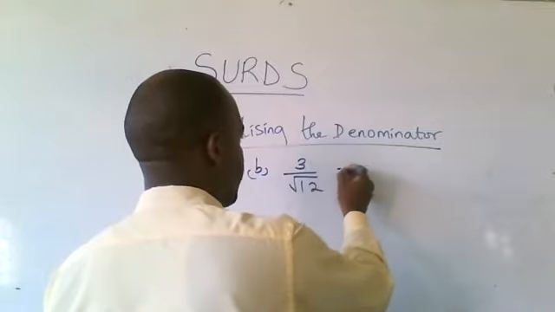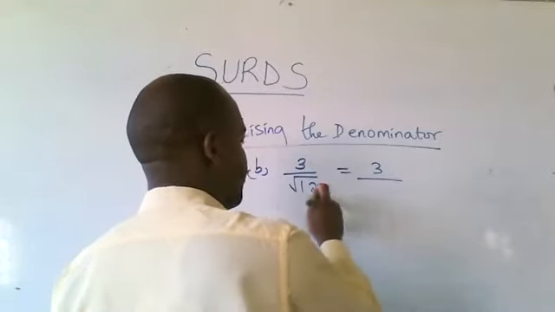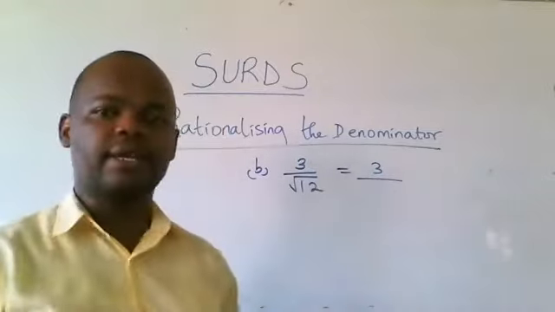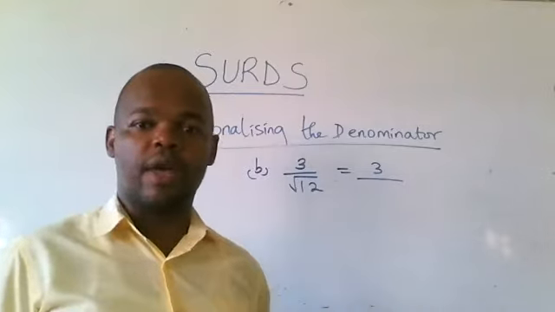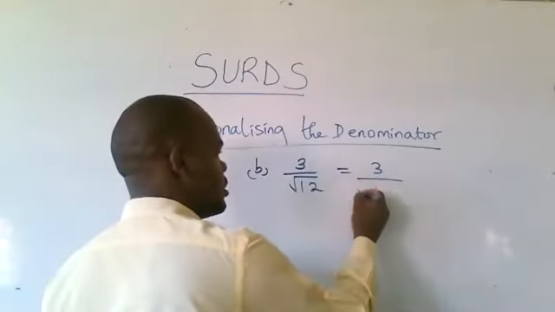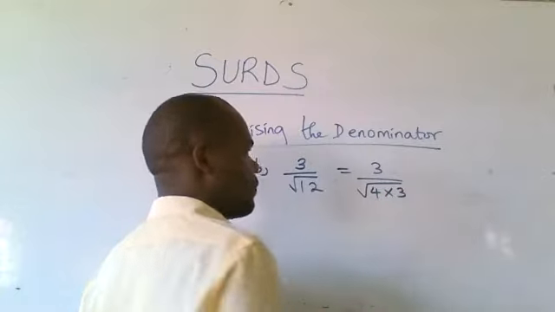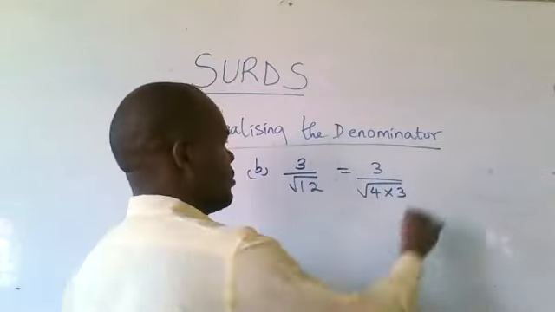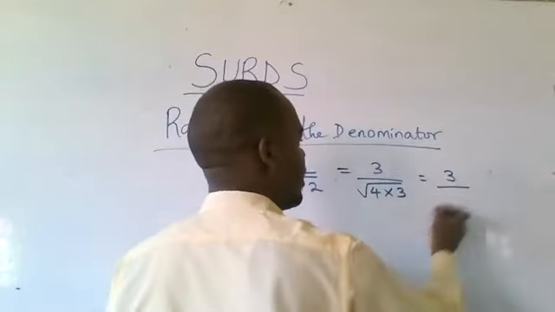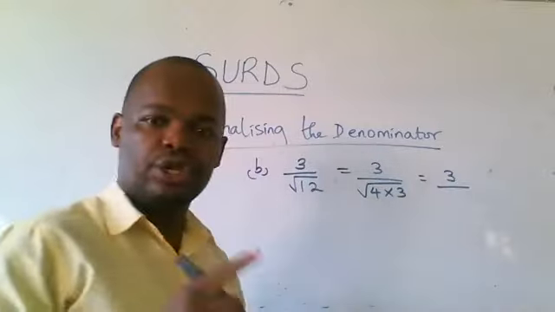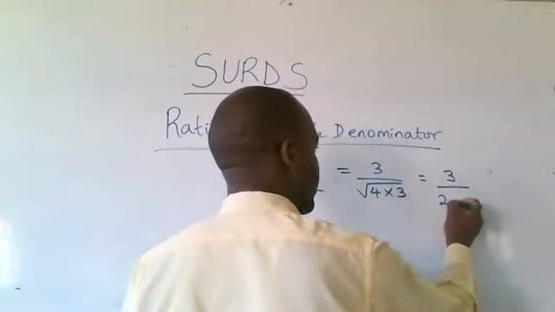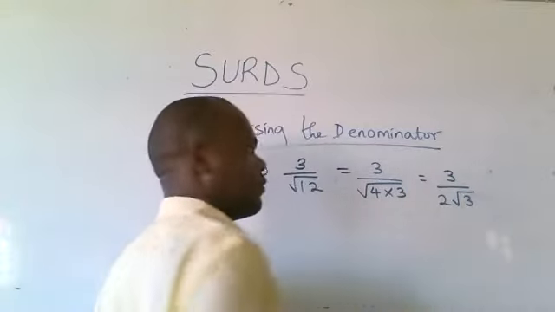So this comes to 3 over the largest divisor which is a perfect square, which is 4. So this is square root of 4 times 3. And this comes to 3 over square root of 4 is 2, and then we remain with square root of 3.